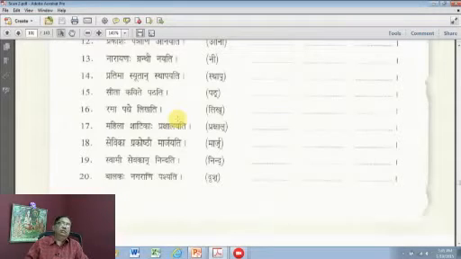Akaranta Napumsakalinga Shabda. Padyam, padye, padyani. Vanam, vane, vanani, like that. So, Vane, padyam, padye, Vanam, vane, Kavita, kavite. So, Ramaya padye likhyete. 2 poems are written by Rama.